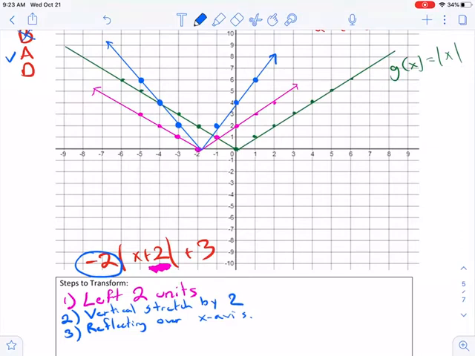And now if I reflect over the x-axis, I'm just going to take a look at each one of those points and reflect it over. Okay, so now I'm almost to my final graph.